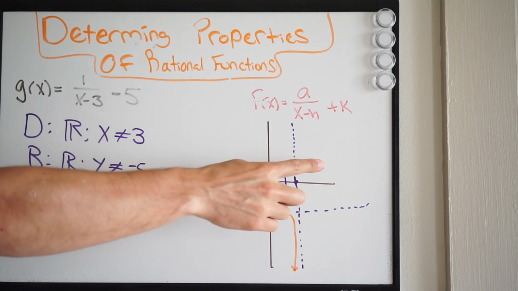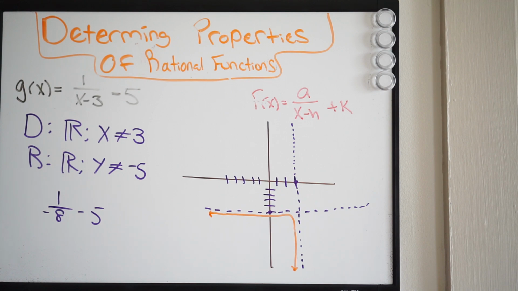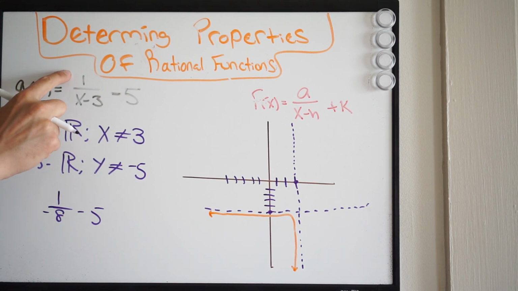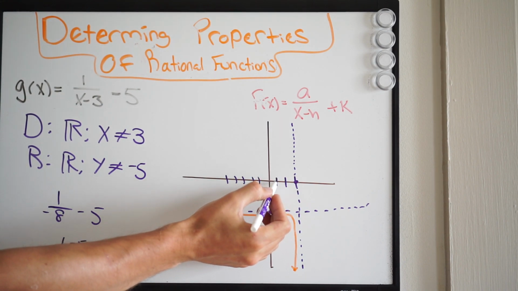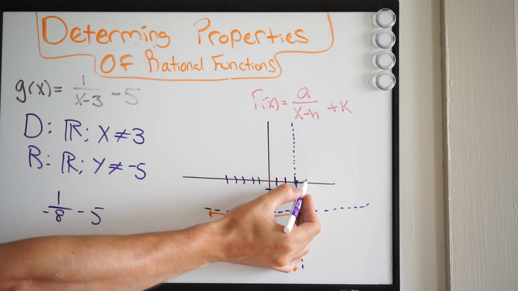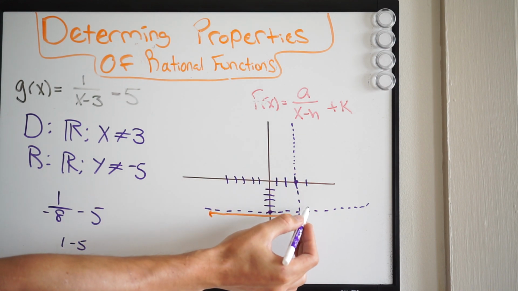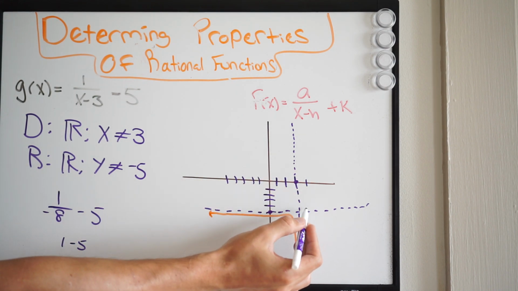Alright, let's determine on this side now. So again, I'm just going to pick an arbitrary value. I'll just pick 4 here. Let's see what happens at 4. If I plug a 4 in here, I'll get 1 over 4 minus 3, which is just going to be 1 over 1, which is 1. So I have 1 minus 5. Well, this is going to be negative 4. So at 4, so 1, 2, 3, 4, I'm down at negative 4, right above this negative 5.